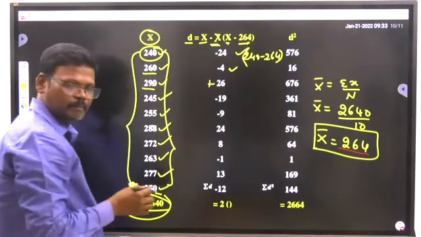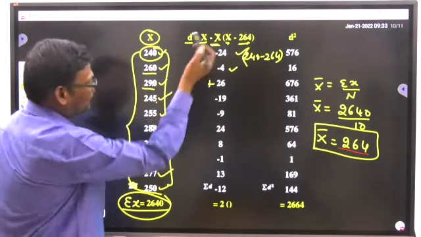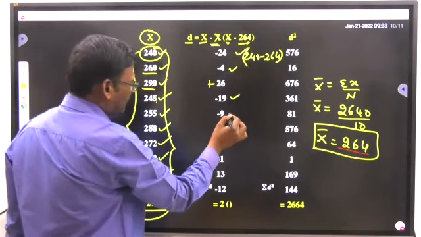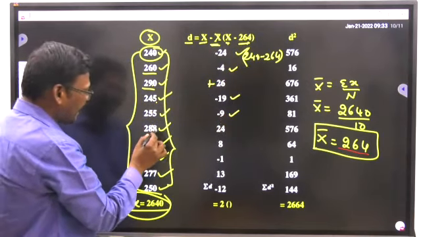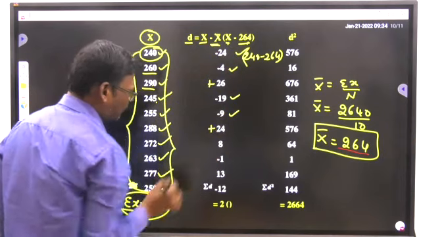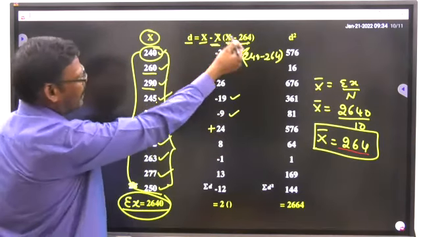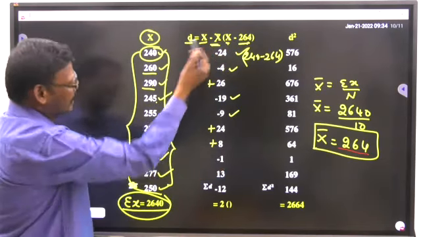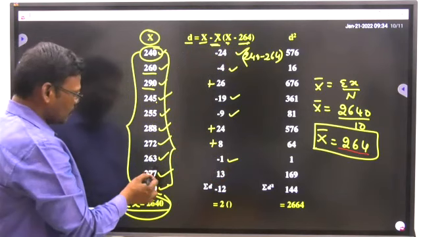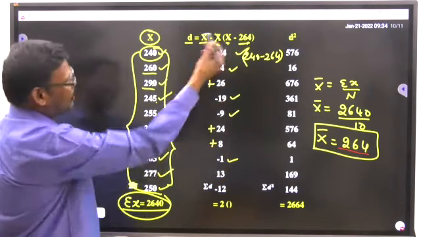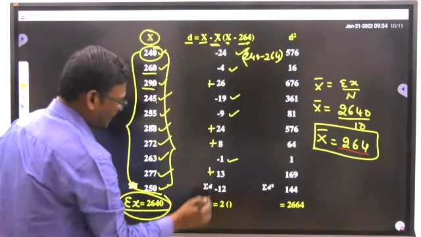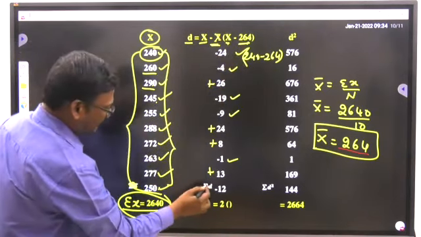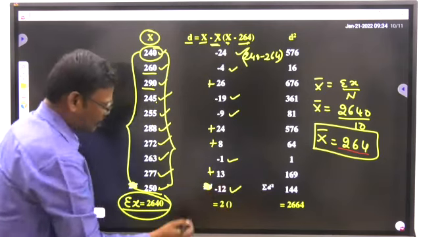Then 245 minus 264 is minus 19. 255 minus 264 is minus 9. 288 minus 264 is plus 24. 272 minus 264 is plus 8. 263 minus 264 is minus 1. 277 minus 264 is plus 13. And 250 minus 264 is minus 12.